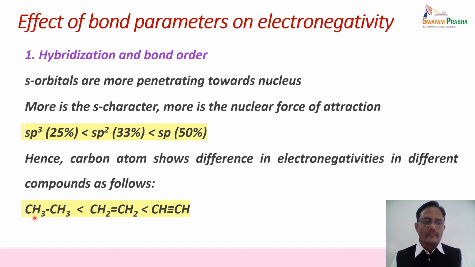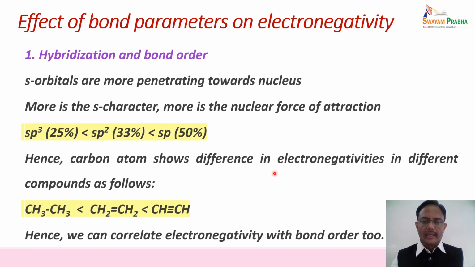Now in this case the hybridization is sp3, in this case it is sp2, and in this case the carbon atom is sp hybridized, and hence the electronegativity of carbon is highest in the sp hybridized carbon in acetylene. So electronegativity is not only governed by the other atoms which are present, but also by the percentage s character in different hybridizations.